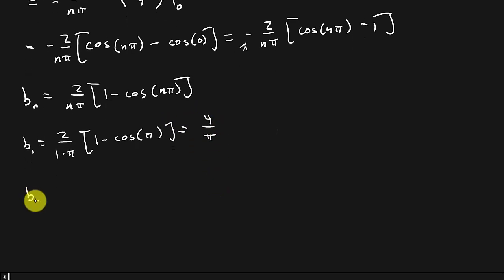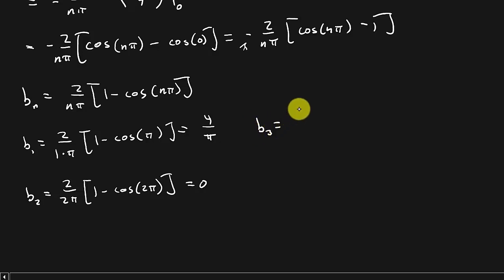For b2, that's 2 over 2 pi times 1 minus cosine of 2 pi. Well, cosine of 2 pi is 1, so 1 minus 1 is 0. That gives us 0. Then b3 is 2 over 3 pi times 1 minus cosine of 3 pi.